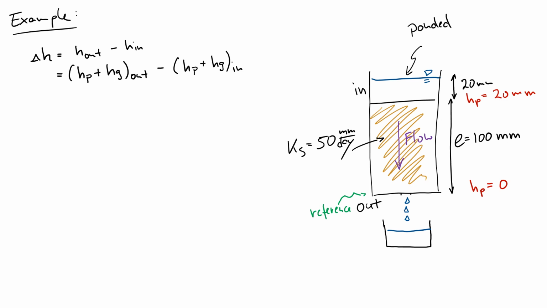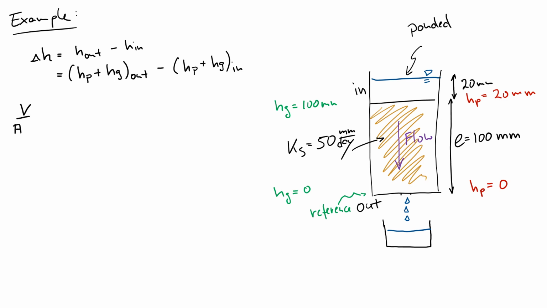And calling this the reference really just means that I assign the gravitational potential at this location to be equal to 0. And now the gravitational potential at the inlet would simply be the height above the reference, or 100 millimeters, which corresponds to the height of our soil column. So now we're ready to calculate.